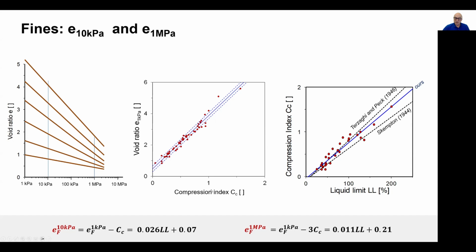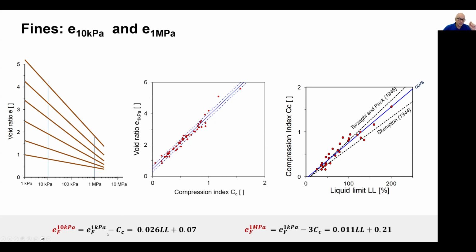Now, the compression index can be predicted quite well from the liquid limit. And now we can put all this together. The compression index is related to the liquid limit, and the void ratio at 1 kPa is related to the compression index, therefore we can put them all together.